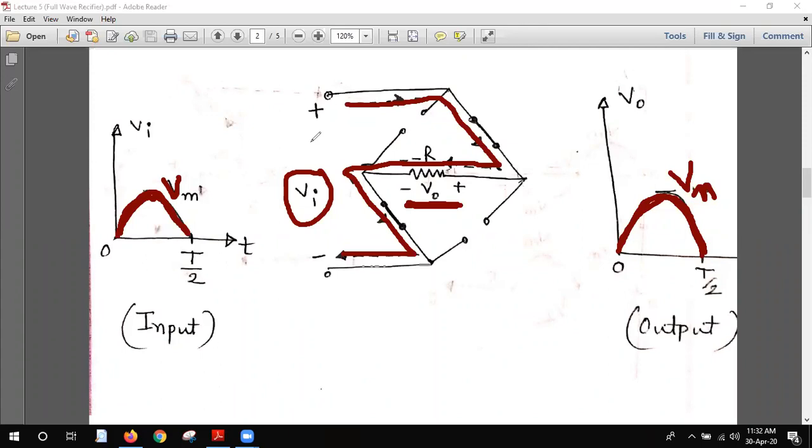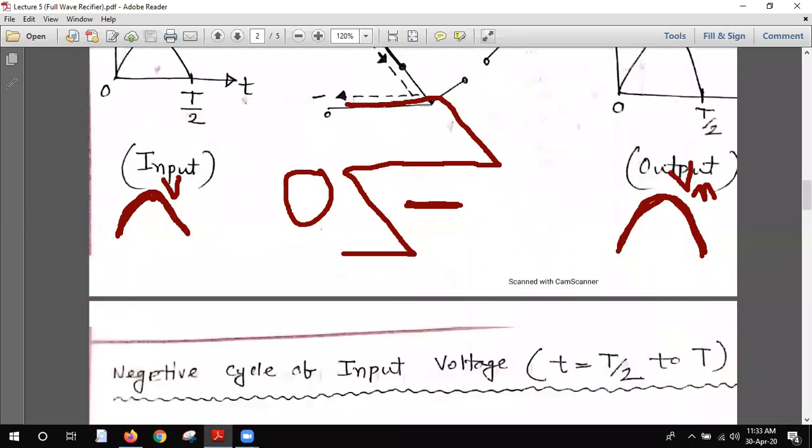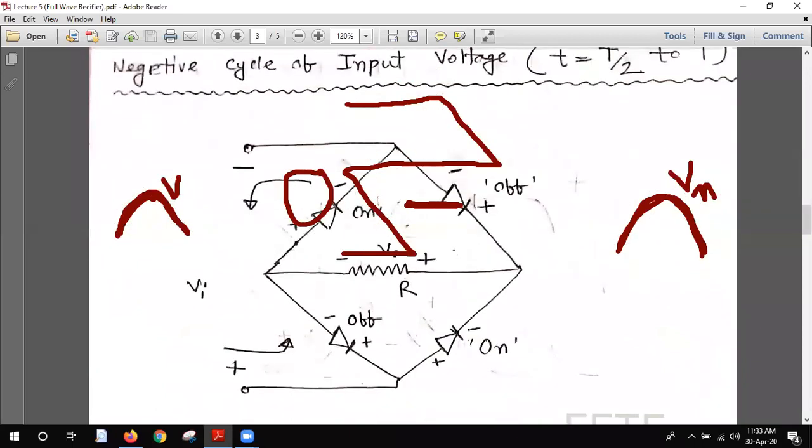Now we will see the negative cycle conduction. Let me clear my drawing.